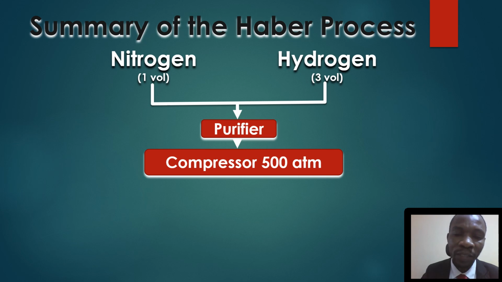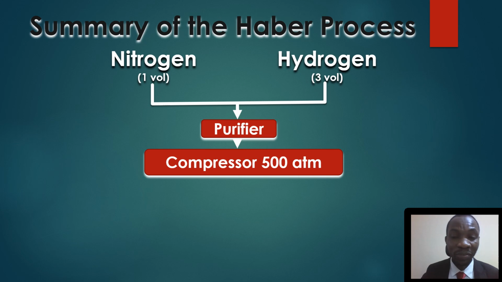And why should it be put at 500 atmospheres? Yet in the Haber process, we only need a pressure of 200 atmospheres. This is because when you pass this mixture from the compressor to another chamber, the pressure is going to reduce. From the compressor, we take this mixture to another chamber where it will be heated.